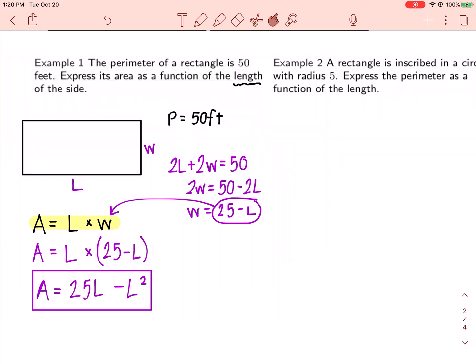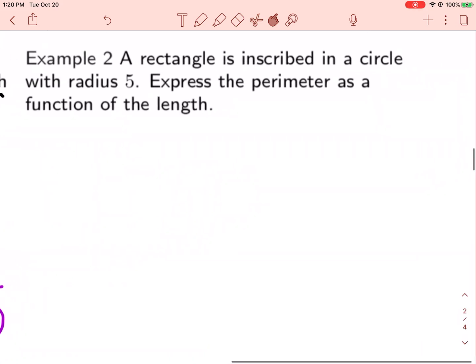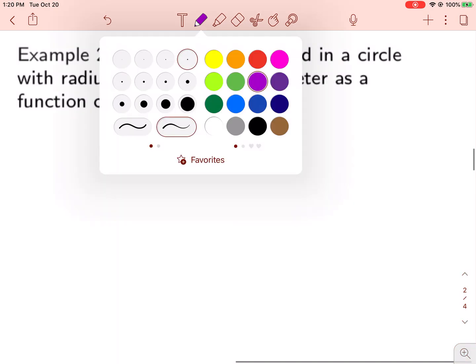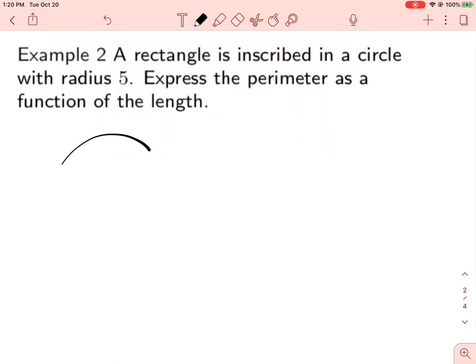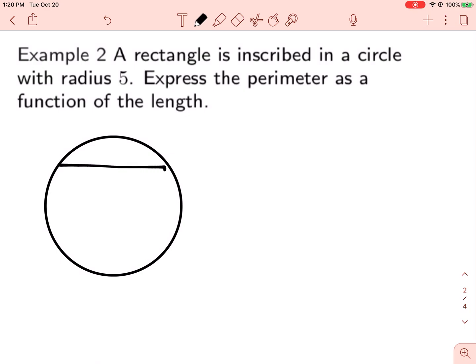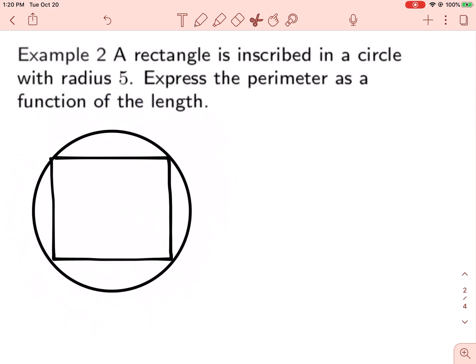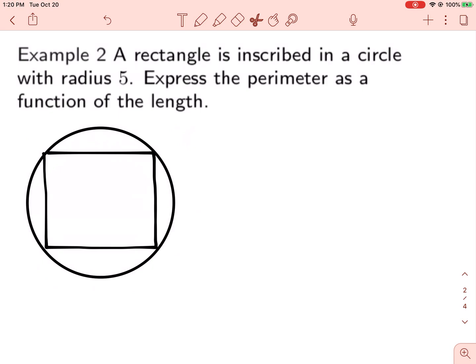Okay, next one. Example 2, a rectangle is inscribed in a circle. First thing I'm going to do, draw my circle. Inscribed means inside. As good as it's, oops, that's not as good as it's going to get. I can make it better, and so should you. More looks like square, but it's okay. There we go.